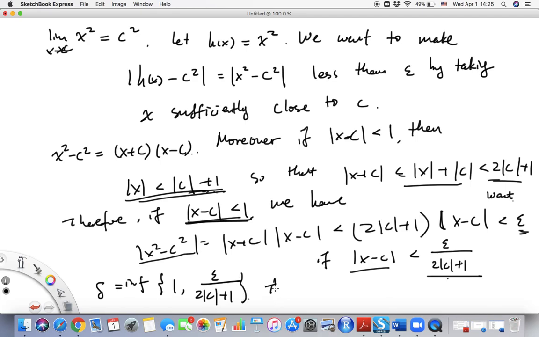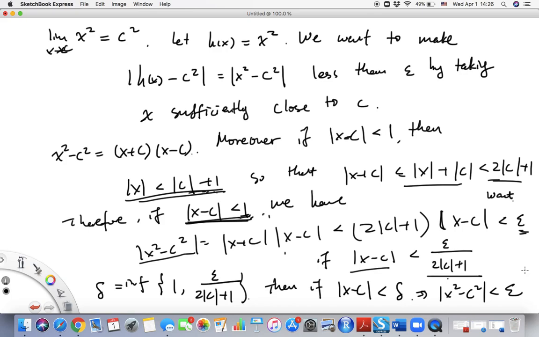Okay, then if x minus c is less than delta, that implies x minus c is less than 1 and x minus c is less than epsilon over 2 absolute c plus 1. Okay, so both conditions are satisfied, then we must have, by the earlier computation, x squared minus c squared less than epsilon. Okay, so that concludes the proof.